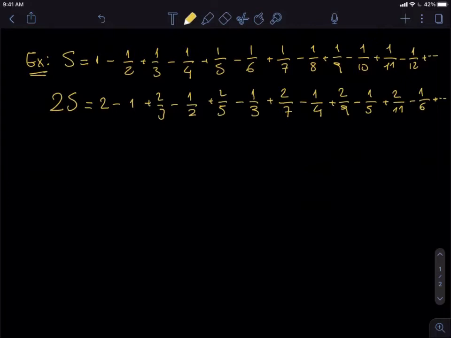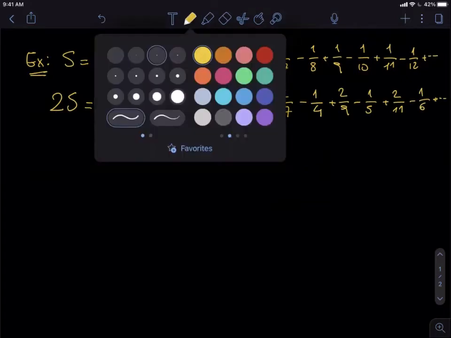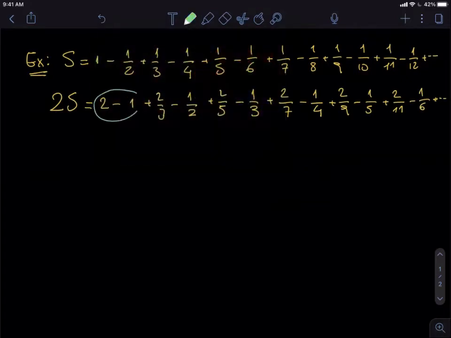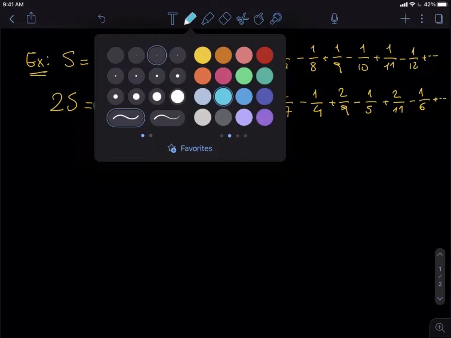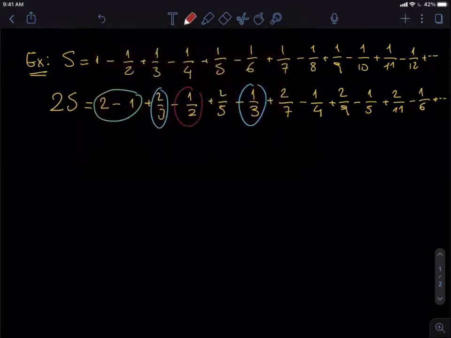Okay, and now let's simplify things here, because actually if we look carefully, we have two integers here, then we have numbers with denominator 3. We also have some that have denominator 2, right? Actually only one. But with 5 we have 2 at least, okay?